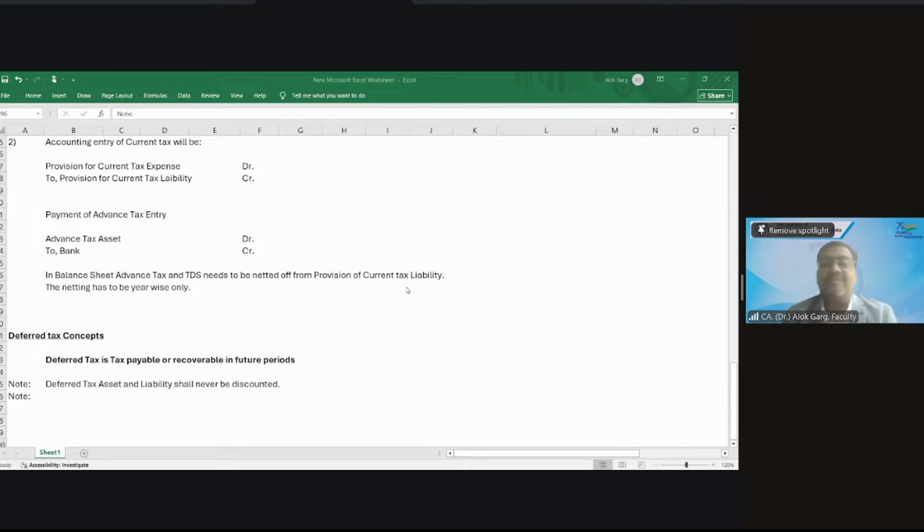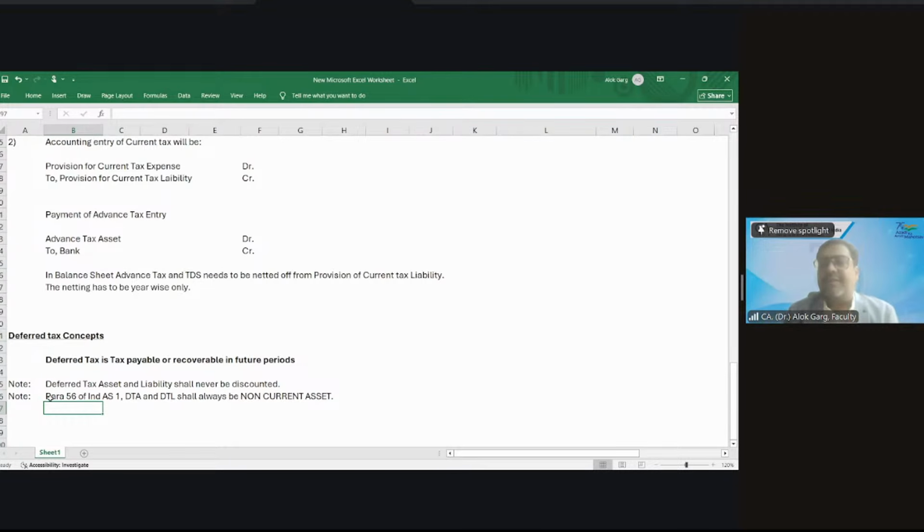Friends, para 56 of Ind AS 1 says that DTA and DTL shall always be non-current asset. Will you be able to remember this? Yes, sir.